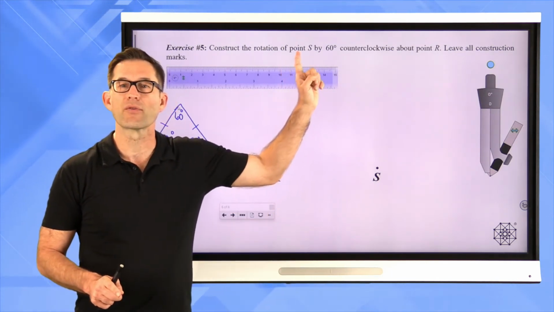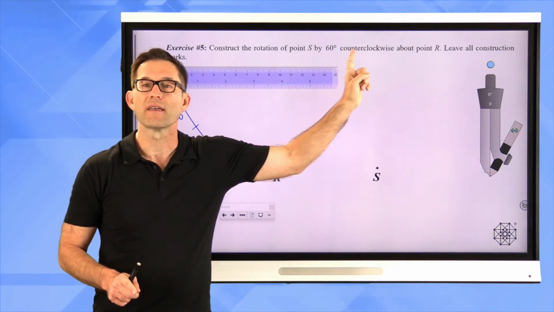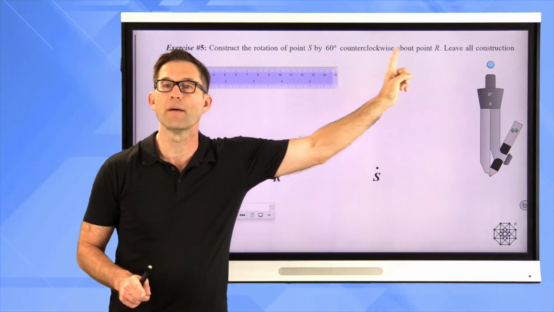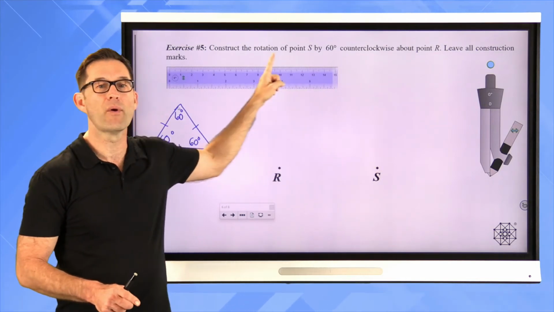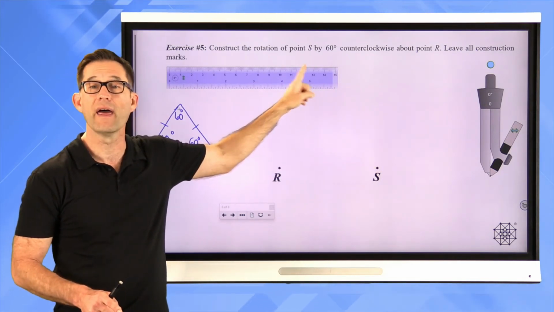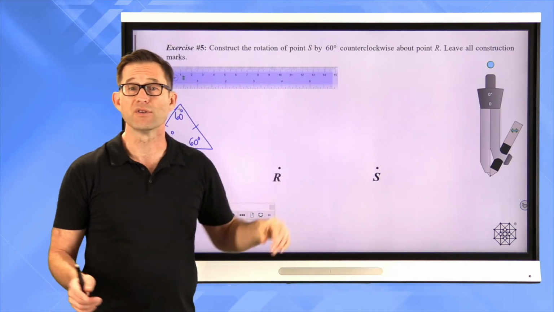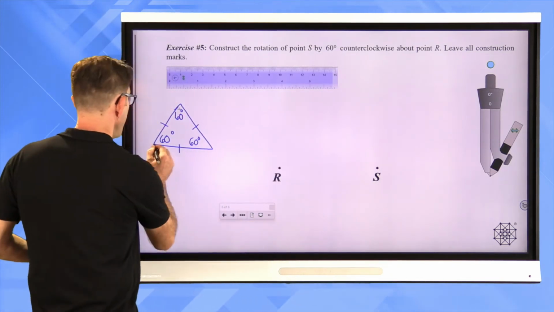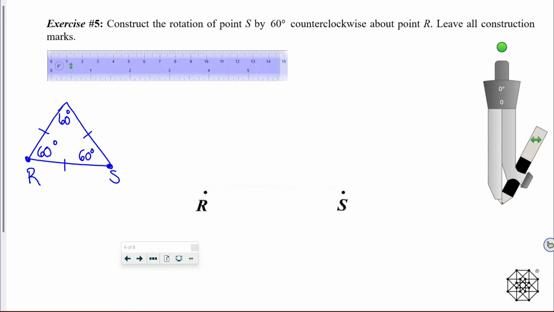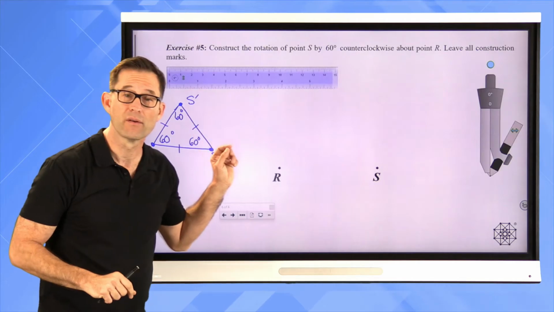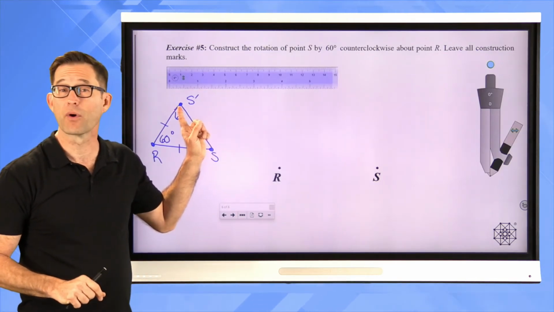Now you have to watch out. We want to construct the rotation of point S counterclockwise by 60 degrees about point R. In other words, I'm going to be rotating point S by 60 degrees and it'll end up somewhere up here. So I really just want this, an equilateral triangle, and then this will be S prime, somewhere up there.